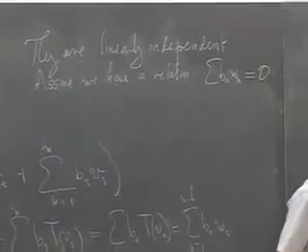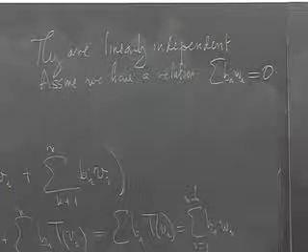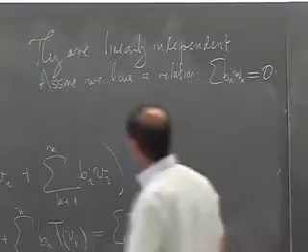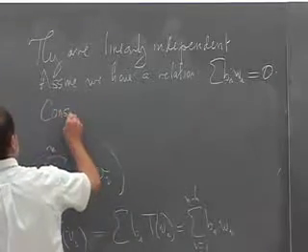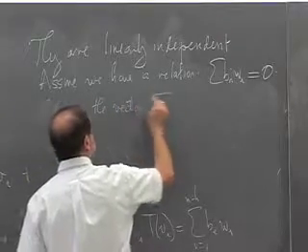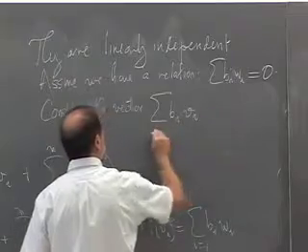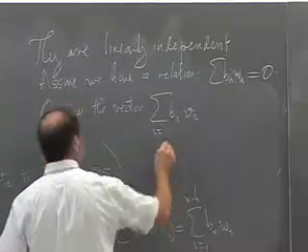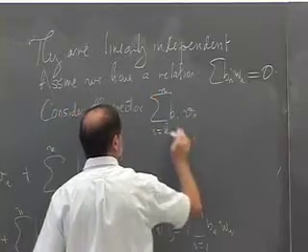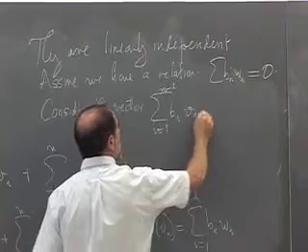We have to show that the b_i's are all 0. So consider the vector, the summation of b_i v_{i+k}, where i goes from 1 to n minus k.